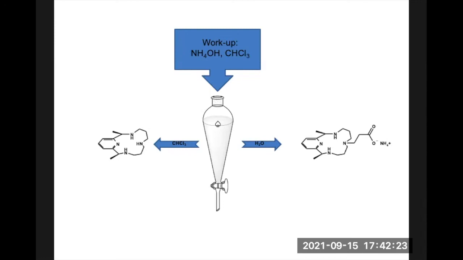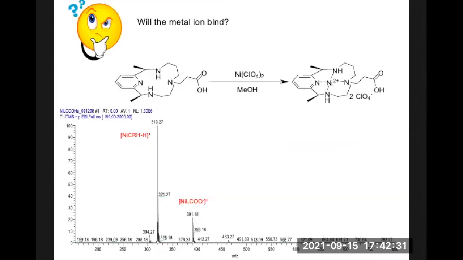The starting material will be removed by chloroform from the aqueous solution containing the product. Then finally, nickel is introduced into the macrocycle. Formation of the complex is confirmed by mass spectroscopy.